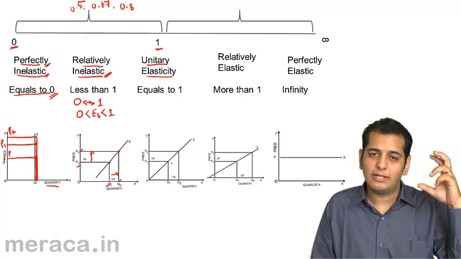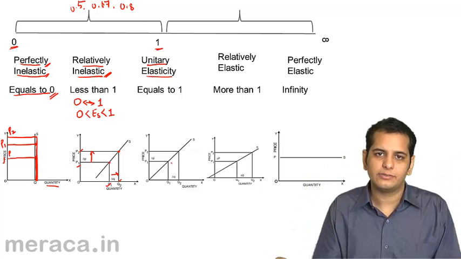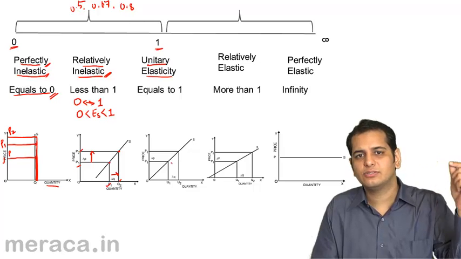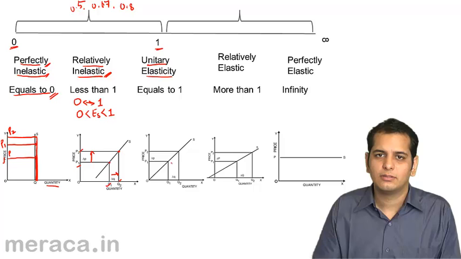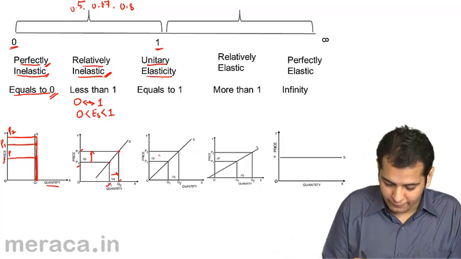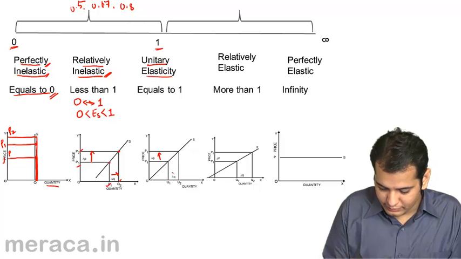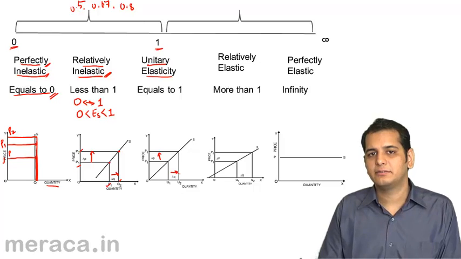That means an equal amount of change in both supply and price. The supply changes by as much as the change in price. So the change in price is equal to the change in quantity supplied.